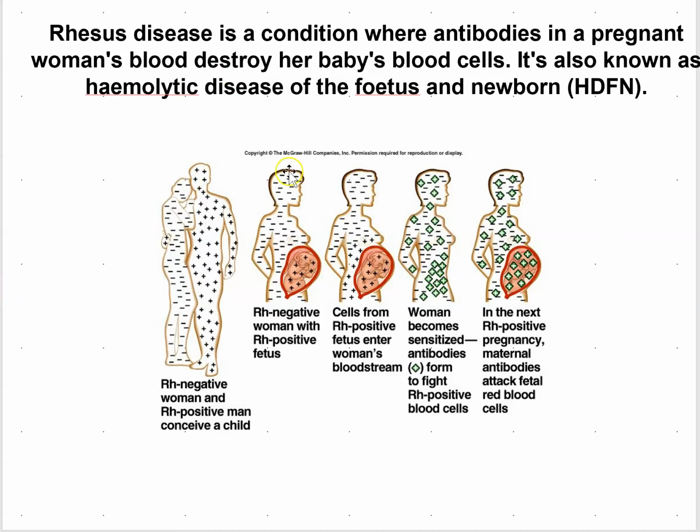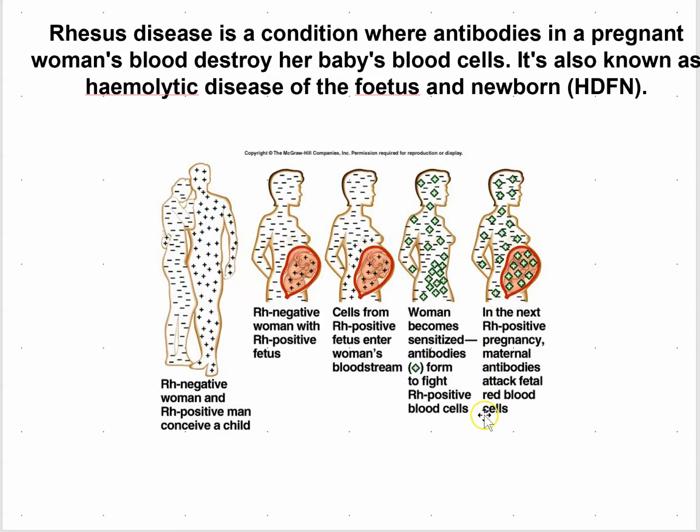Now, rhesus factor is very important in women who have a negative blood type. So a woman who has a negative blood type, if she has a baby which ends up having a positive blood type, during the third trimester, she produces antibodies against the positive blood type in the baby.